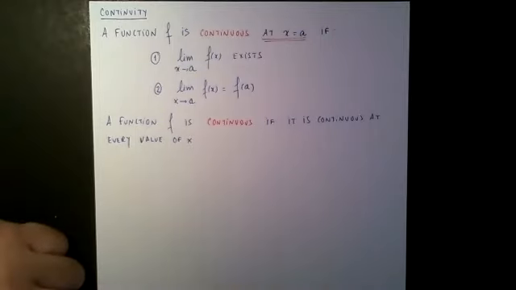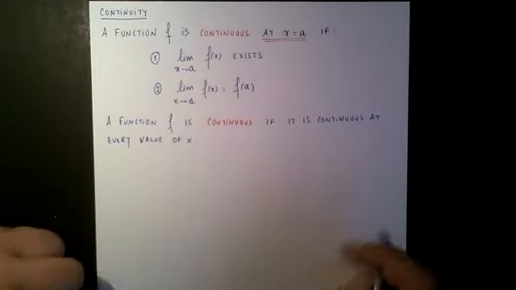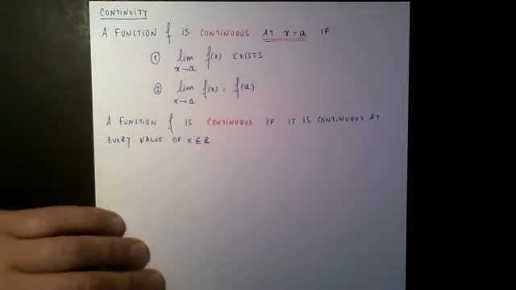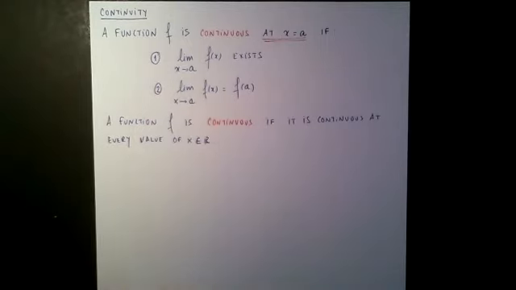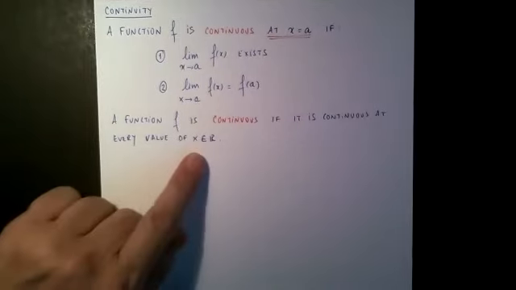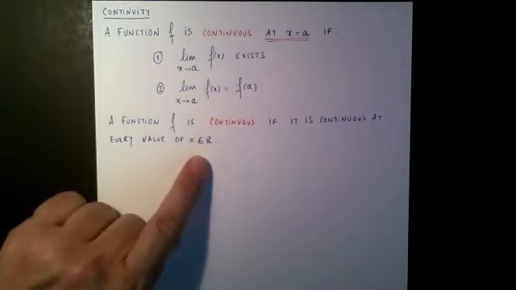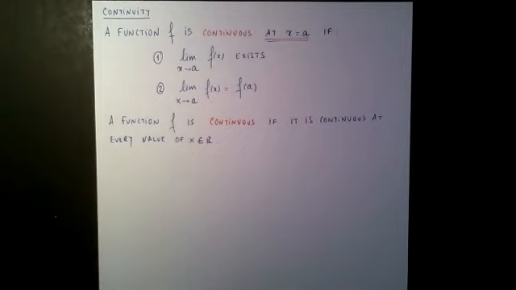Okay, so if it's continuous for every value, then we say that it's continuous. Okay, so x, let's take this in R. You've seen this way of writing? Okay, so x in R means in every real number.